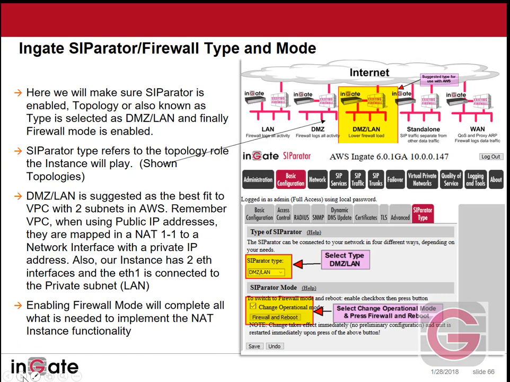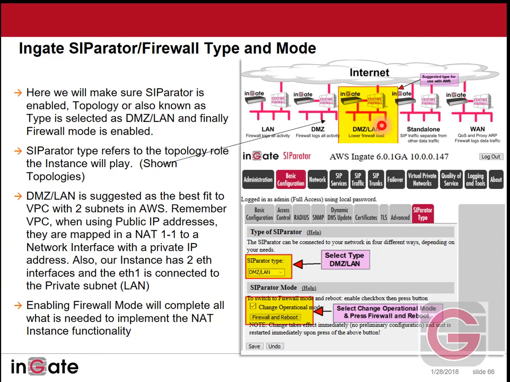The next thing is, every time you do a configuration for a SIParator, you need to define two things. One is the SIParator type in terms of networking, and second is the SIParator mode. The SIParator type is related to the different topologies in which the SIParator can be deployed.